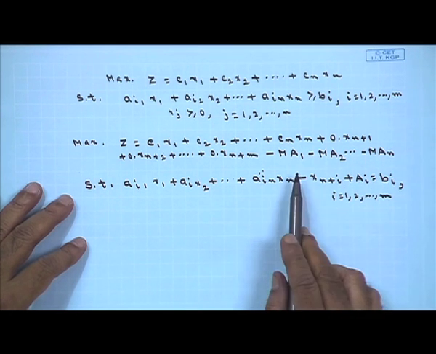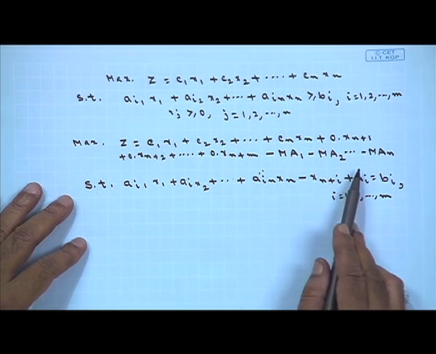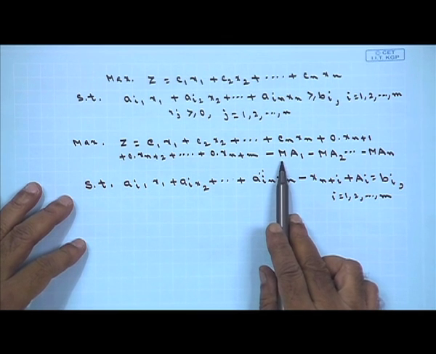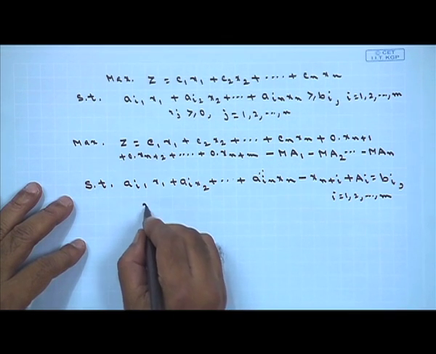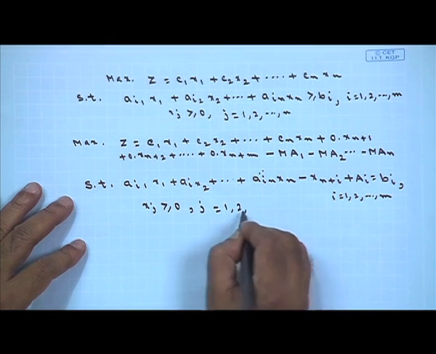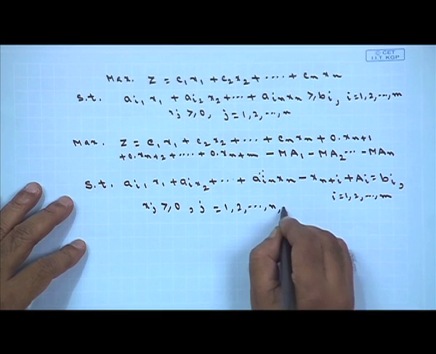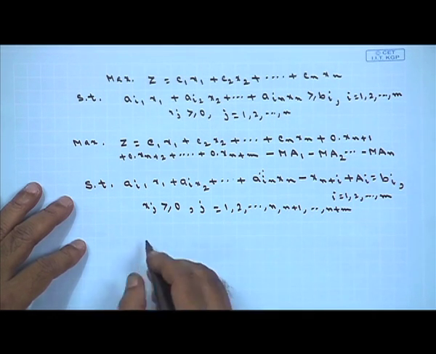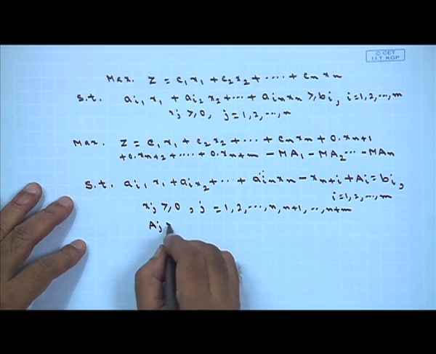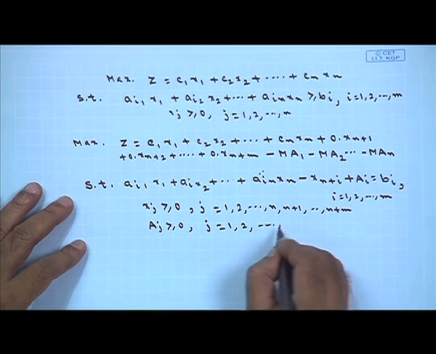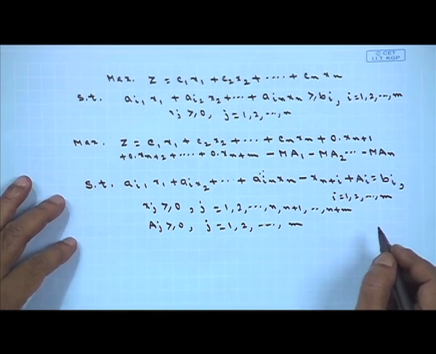So, for each artificial variable a, I am attaching a very high value M in the cost function, that is, minus M. Your xj greater than or equals 0, obviously, j equals 1 to n, n+1 up to n+m, and aj greater than or equals 0, j equals 1 up to m.